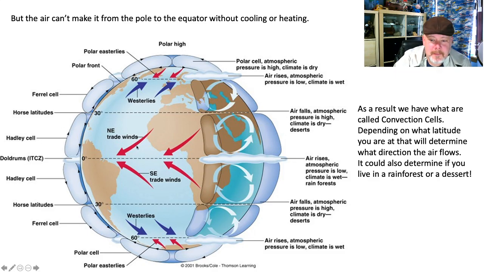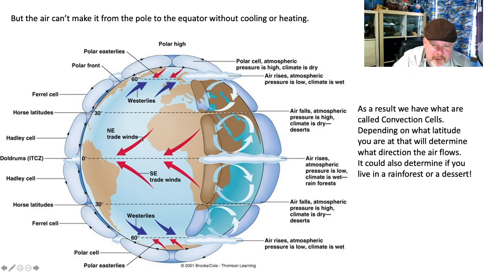Your ship gets stuck in this area if it requires wind. The only thing you've got going for you is hoping that the current will push you. However, if you can get a little bit north of that, you can see the air over the surface of the Earth is going to be pushing down. And because it's being pushed down, and because of the Coriolis force, it's going to be pushed this direction to the left.